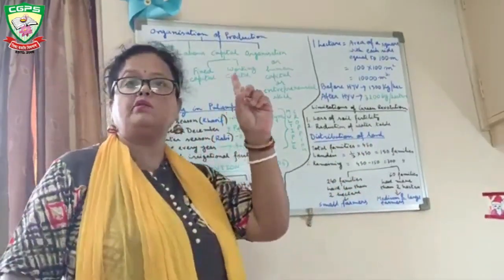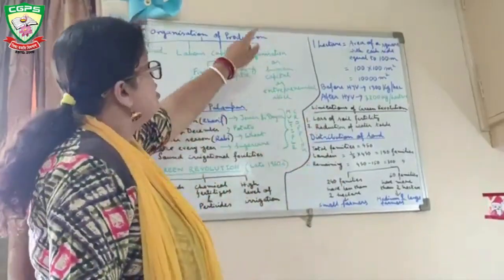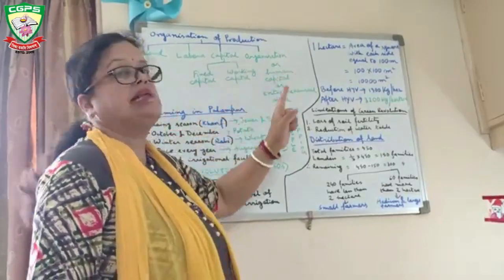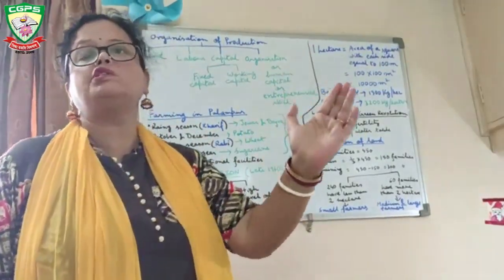There should be one supervising authority. That is coming under the organization, or that is why it is called human capital. That means here human intervention is needed.